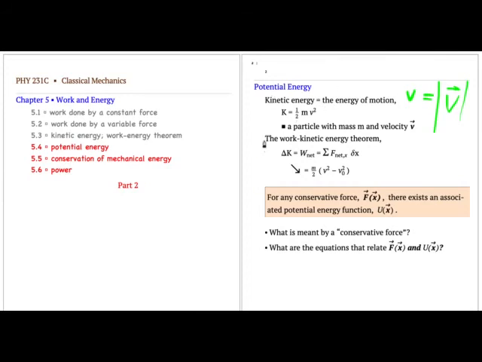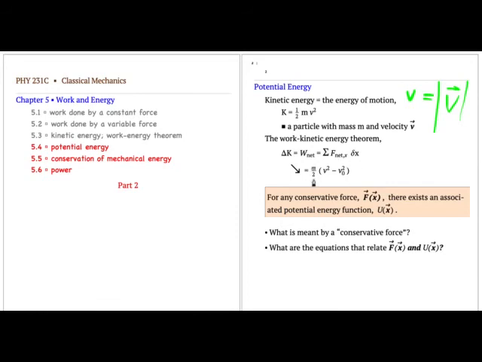Now, the work kinetic energy theorem relates work and kinetic energy. The change in kinetic energy is equal to the work done by the net force acting on m. So the change of kinetic energy will be the kinetic energy final value minus the kinetic energy initial value.